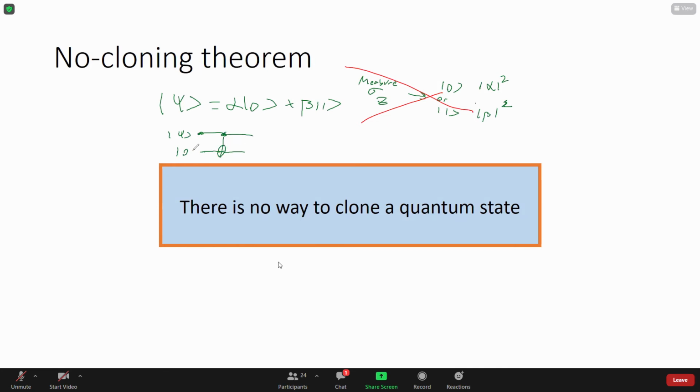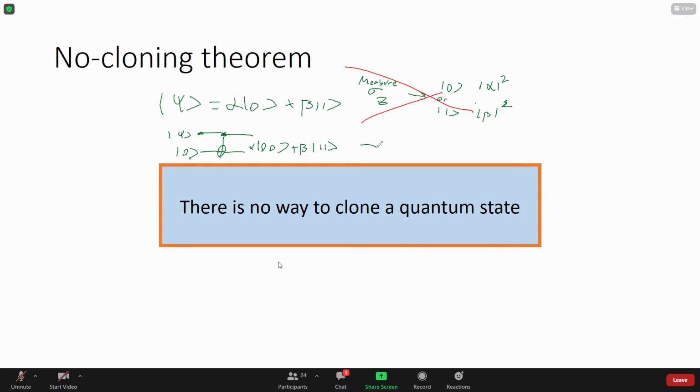And that would sort of almost work, right? Because what would happen is that if the first qubit is in 0, the other qubit stays in 0, and if the first qubit is at 1, we would flip the other qubit, so that sounds a little bit like copying. But what actually ends up happening is that we will end up in the state alpha 0, 0 plus beta 1, 1.